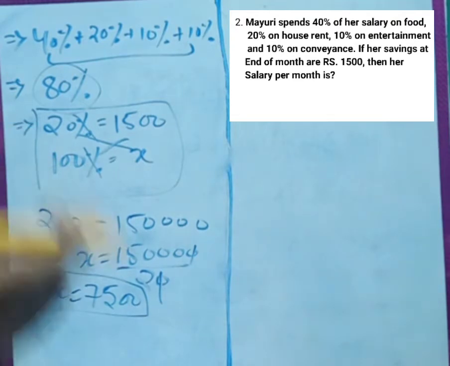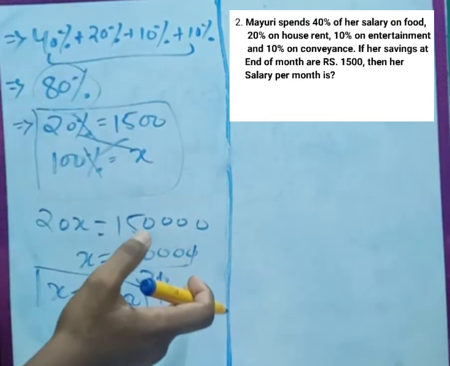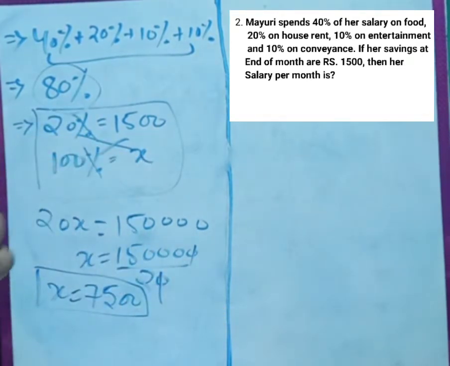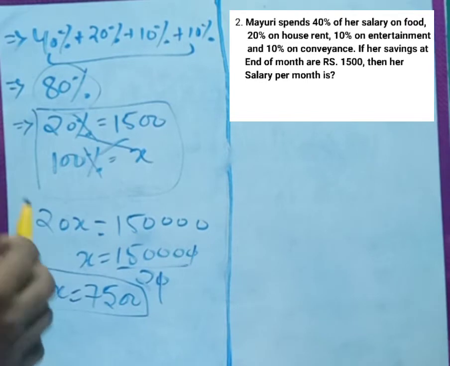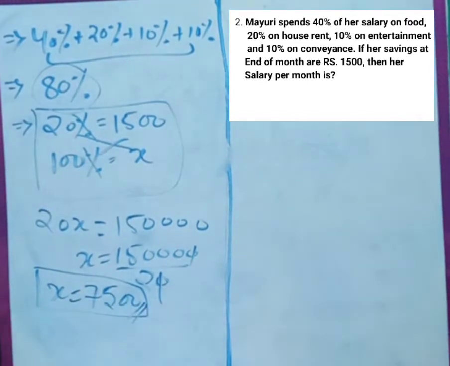So 100% is x. When you solve by cross multiplication, you will get 20x is equal to 1,50,000. Further solve 15,000 divided by 2, then x is equal to 7,500. This is how you have to solve it, right? So I think it was a little interesting but very easy, friends. So let's move on to the next question.